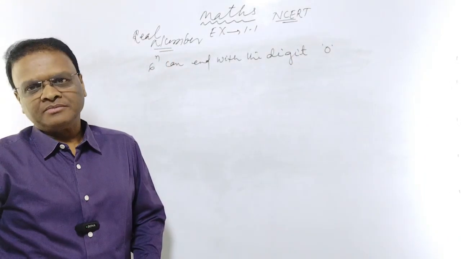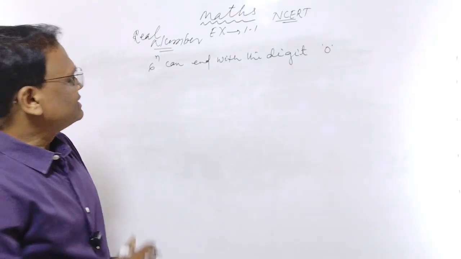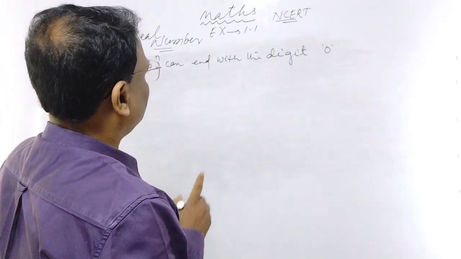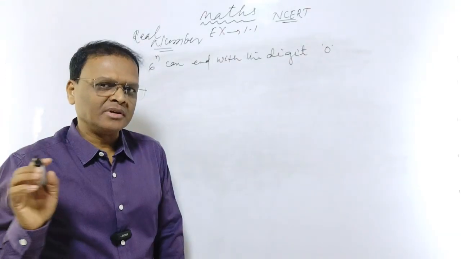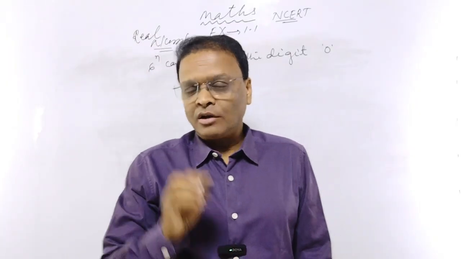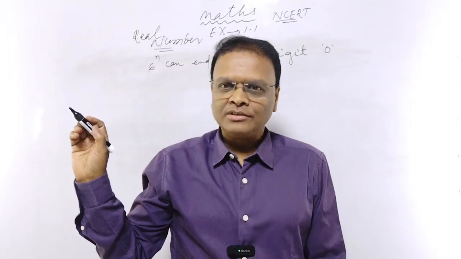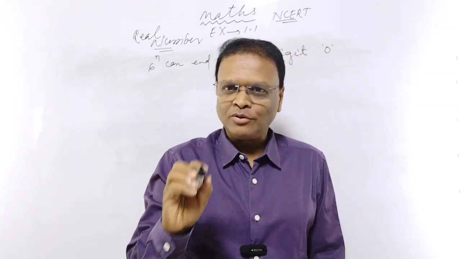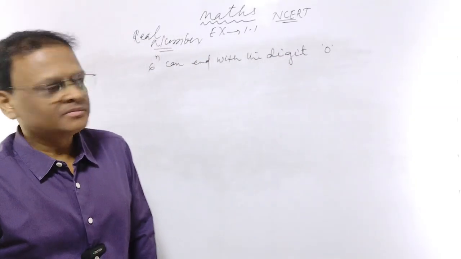What to check? 6 to the power of n can end with the digit 0 for any natural number. In place of n, you write any natural number and check whether the last digit ends with the digit 0 or not. That is the question.